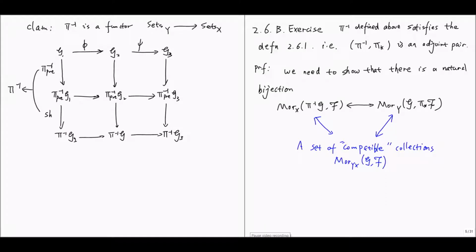And to show that there's a natural bijection between them, we introduced a set of compatible collections. So the natural bijection from here to here is a composition of those two maps. The first map was denoted alpha and the second map was denoted delta. So this bijection is delta composed with alpha.